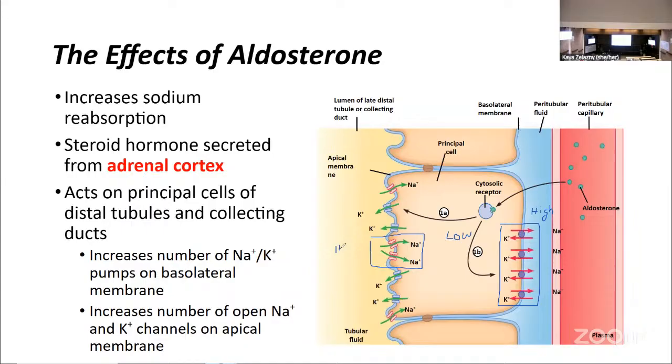So we see sodium moving from a higher concentration in our tubular fluid, entering towards that low sodium region, and then getting pumped out towards the blood. Potassium just does the opposite, moving out of the cell, getting pulled from the basolateral membrane side and then distributed into our tubular fluid.